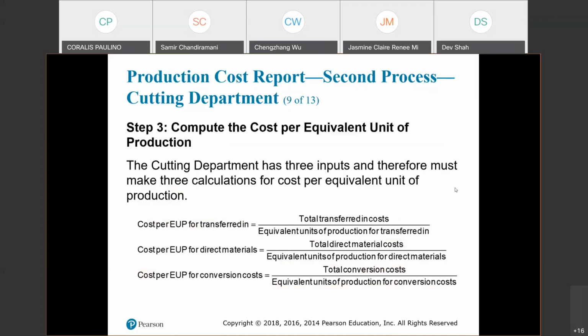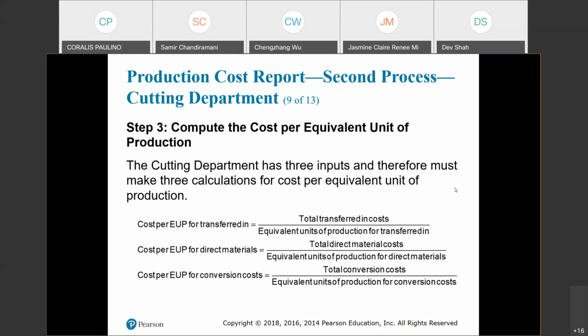Okay, if you can recall, the third step, step 3, is to compute the cost per equivalent unit of production. Well, since the cutting department has 3 inputs, it must make 3 calculations for cost per EUP.